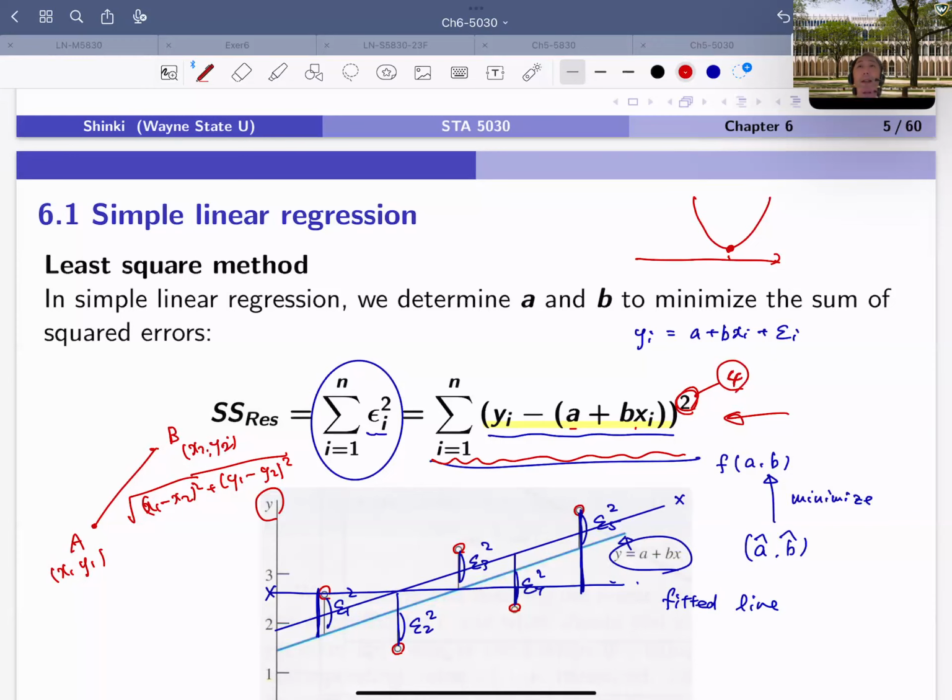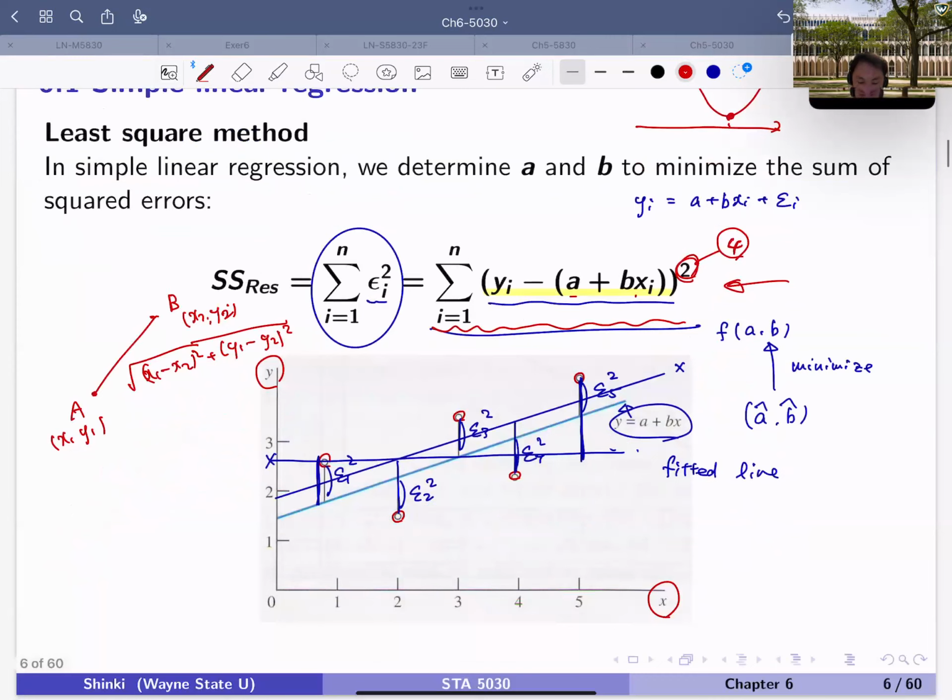Yeah, that may be good in some cases, but in most cases, 2 is pretty reasonable in terms of estimation easiness and also mathematical justification. And also, we can prove that this estimation is the MLE, maximum likelihood estimator, under normality assumptions.